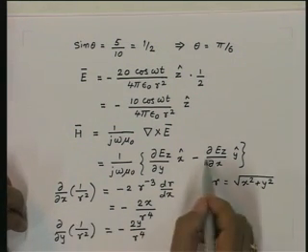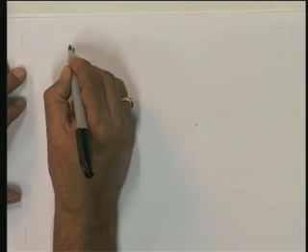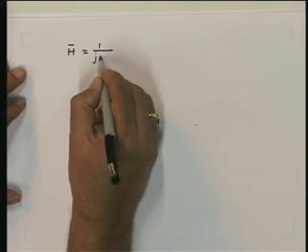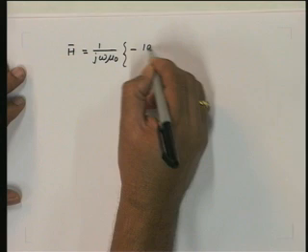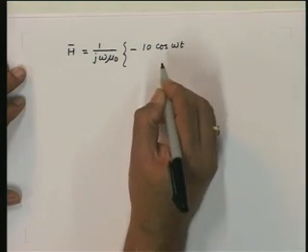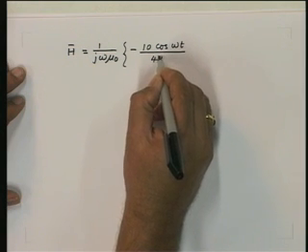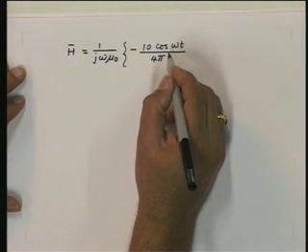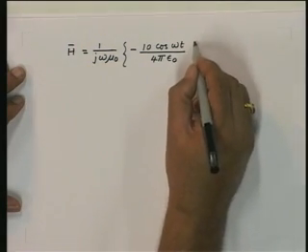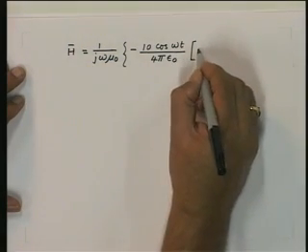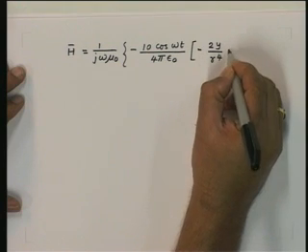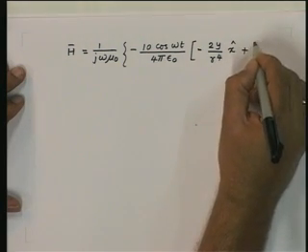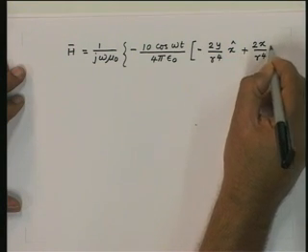So, I can take this quantity and substitute into this, and then I can get the vector magnetic field H, that will be equal to 1 upon j omega mu 0 into minus 10 cos omega t divided by 4 pi epsilon 0, into minus 2y upon r to the power 4 x cap plus 2x upon r to the power 4 y cap.